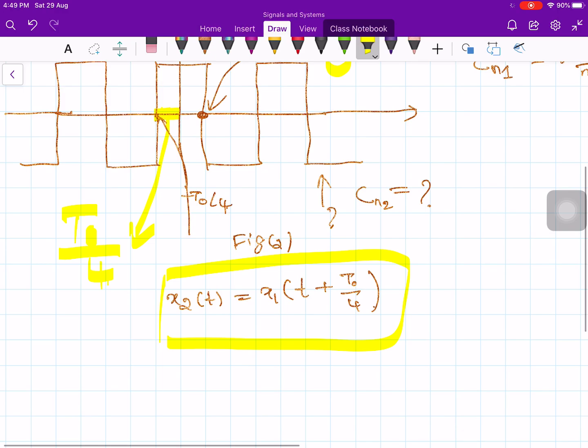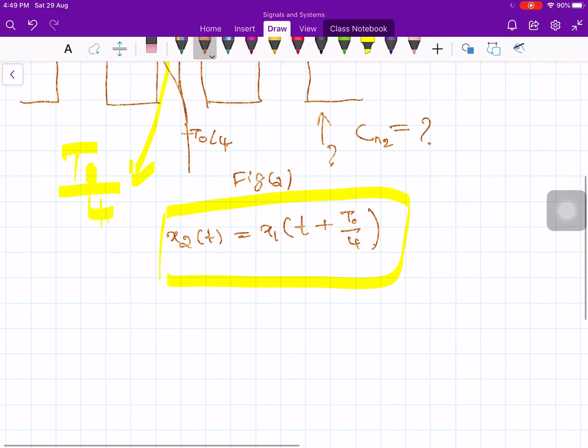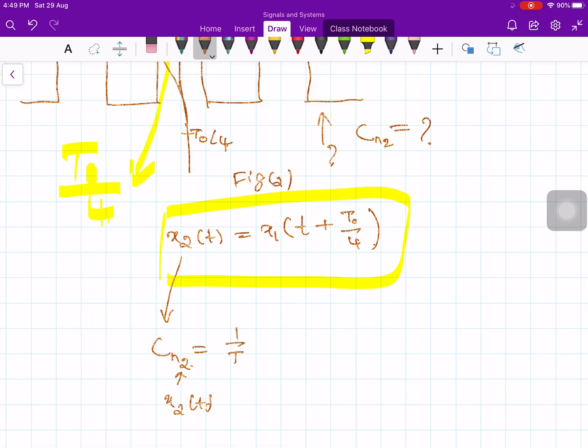Okay, so let's say the Fourier coefficient of this waveform is denoted by Cn2. This 2 denotes x2 of t. Let me write down the formula. We know the formula is 1 over t naught, integral from 0 to t naught, x2 of t e to the minus j n omega naught t dt.